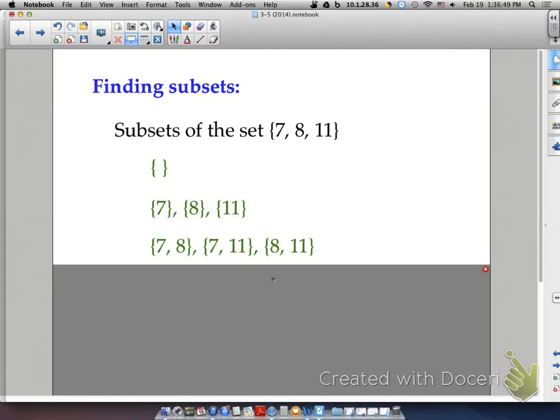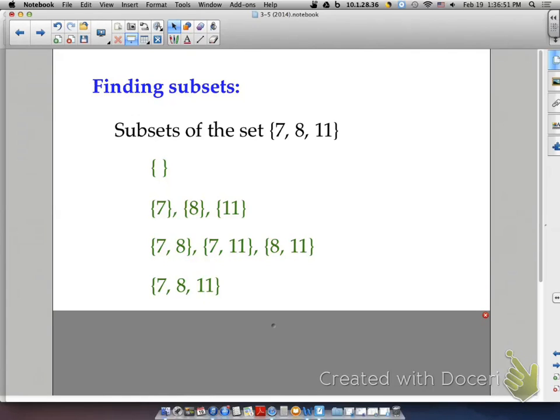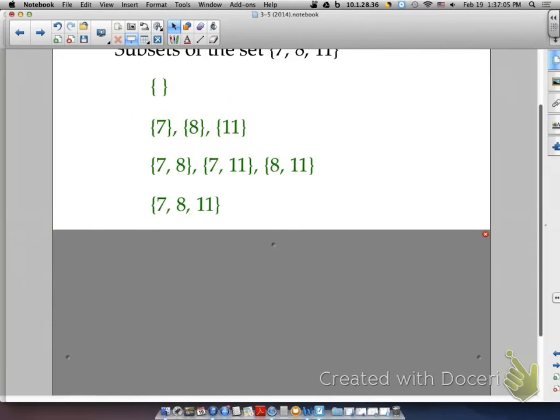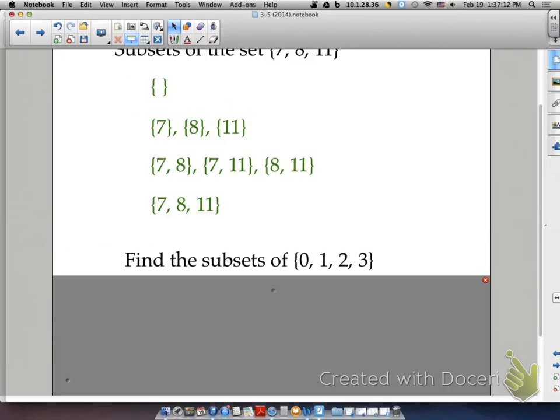And then I have 7, 8, 11. So how many do we have? You can count the same one as a subset of itself. Why not? I guess, but it kind of seems cheaty. All right, so how many sets do you have? 3, 6, 8. You guys are pretty close.